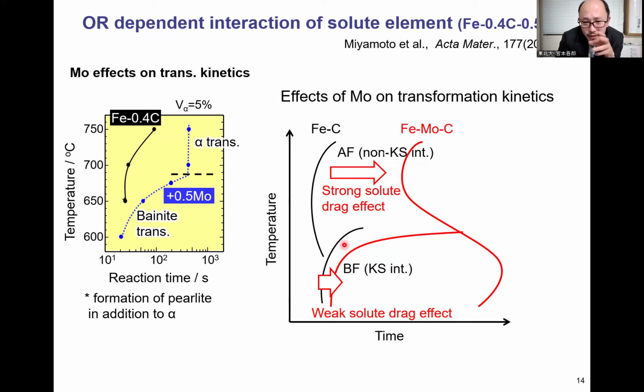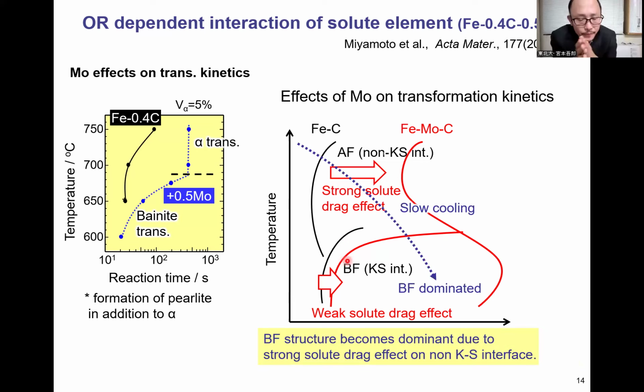However, such a retarding effect on transformation kinetics is small for bainitic ferrite formation. As a result, a bainitic ferrite structure can be obtained even at slow cooling. This is because the solute drag effect on the non-KS interface is stronger than on the bainitic ferrite and austenite interface. So this can be a reason why we use molybdenum to design bainitic steel.